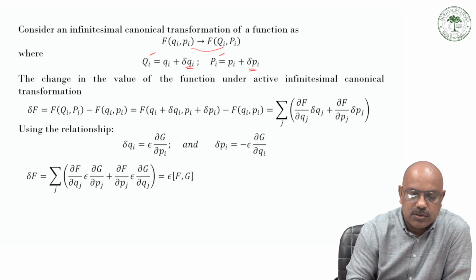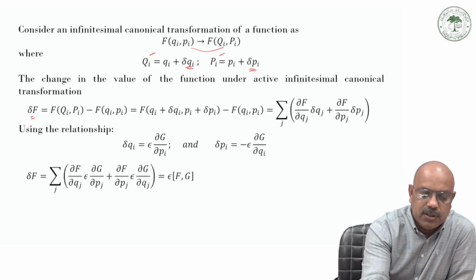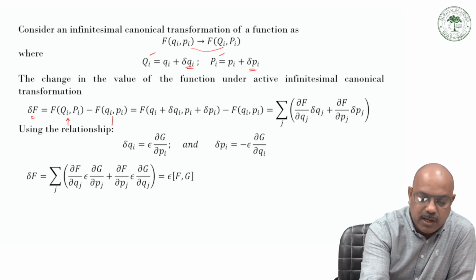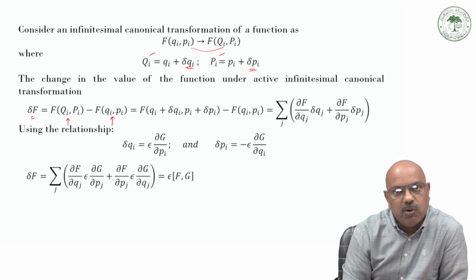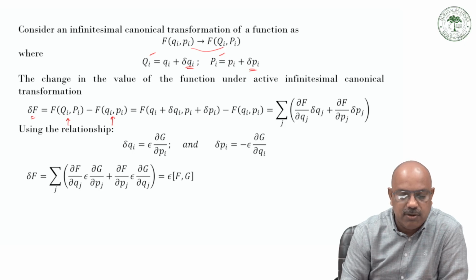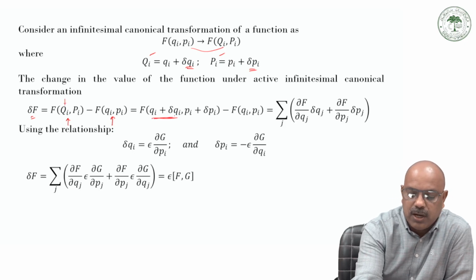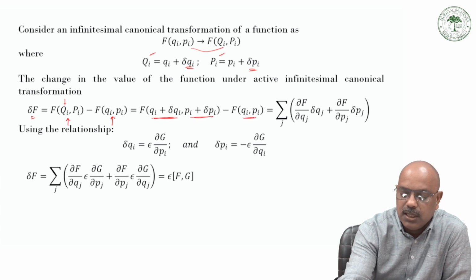Okay, so the change is going to be delta f, because my function value now depends upon capital Q and capital P in the same phase space, whereas earlier it depended upon small q and small p. So that is given by this, because Q is q plus delta q_i, P is p plus delta p_i.